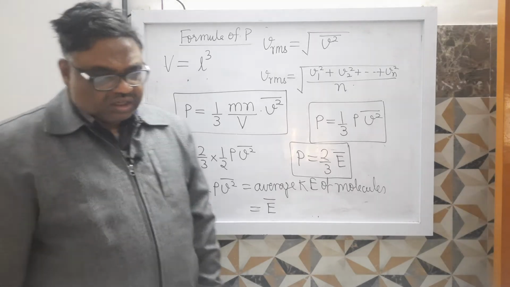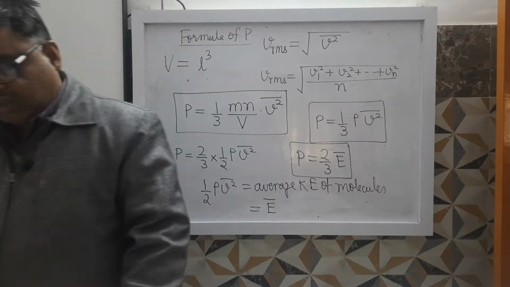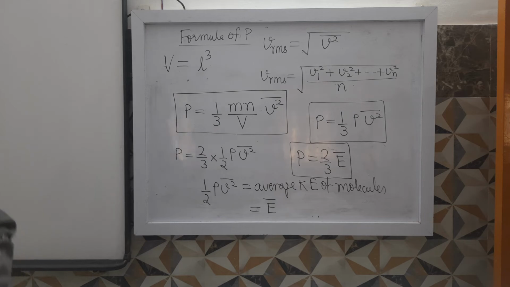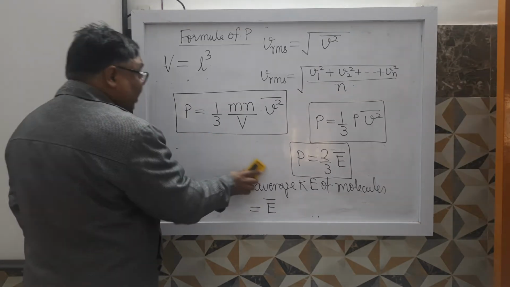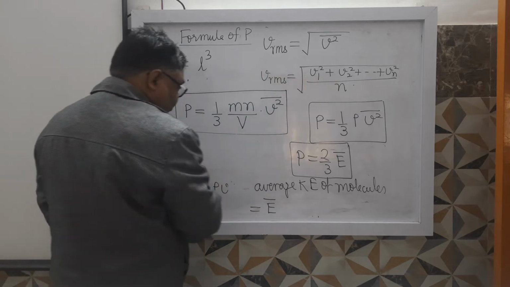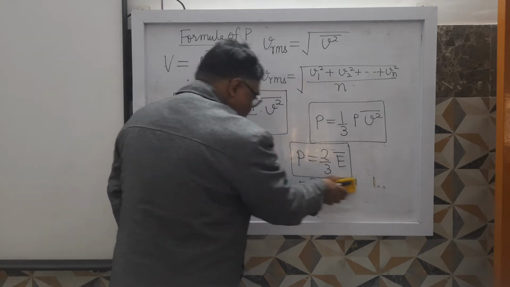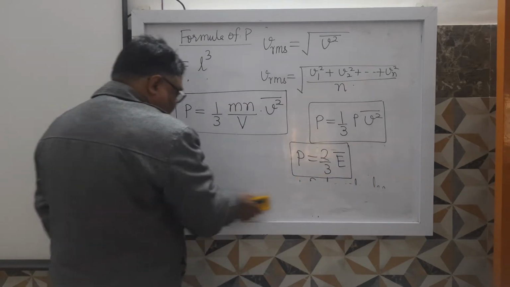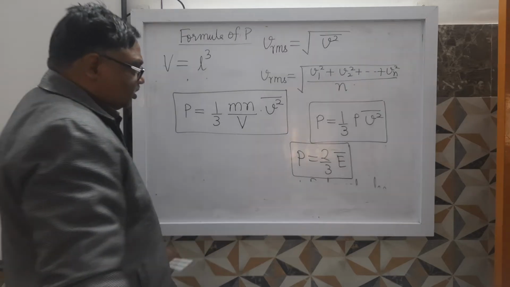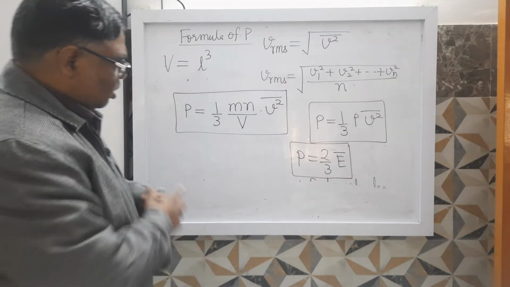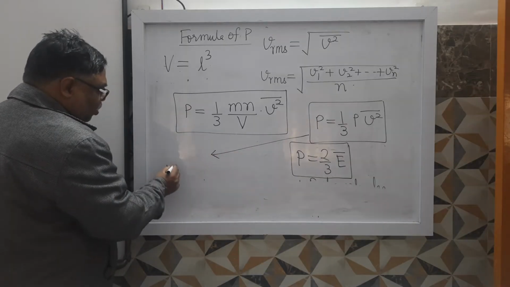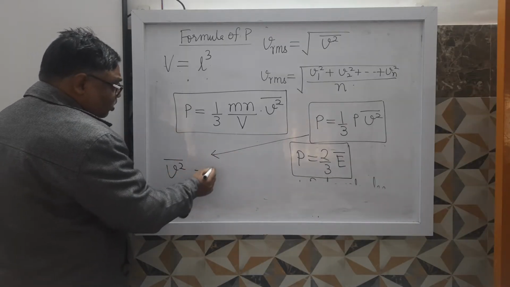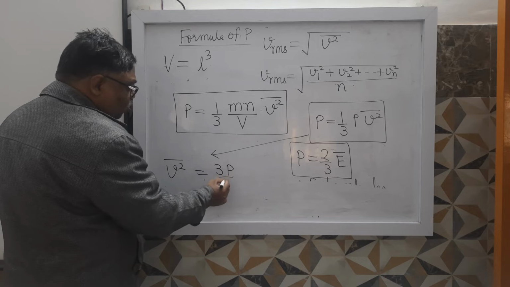Now see here, there is one more expression. You can see here what will be the RMS velocity. One way of determining the RMS velocity is this. What is the other way of determining the RMS velocity? You can see this. What is V square bar? V square bar equals 3P upon rho.